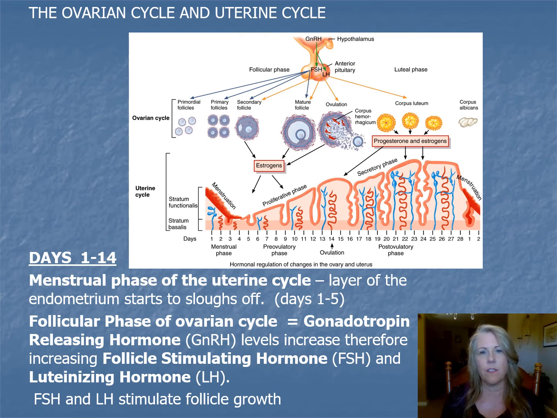I've been teaching this a while, and the best way I have found for my students to understand is to talk about the ovarian and the uterine cycle together. Because they're happening at the same time, we just have to know what's going on in the ovaries and what's going on with the uterus, because it's kind of like they talk to each other.